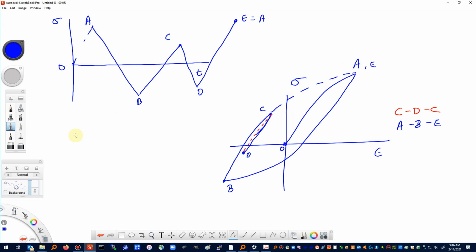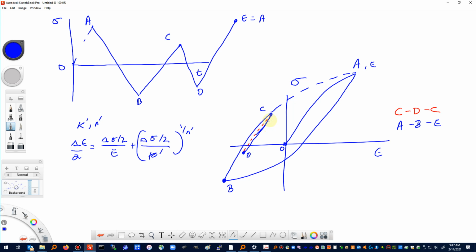So even though when we use our material properties, the K prime and the N prime would be the same, and we even use the same equation, we have to be really careful in how we apply it, because the delta sigmas for this branch from B to A always use this as the origin, and the delta sigmas from C to D back up to C use either this point or this point as their origin.